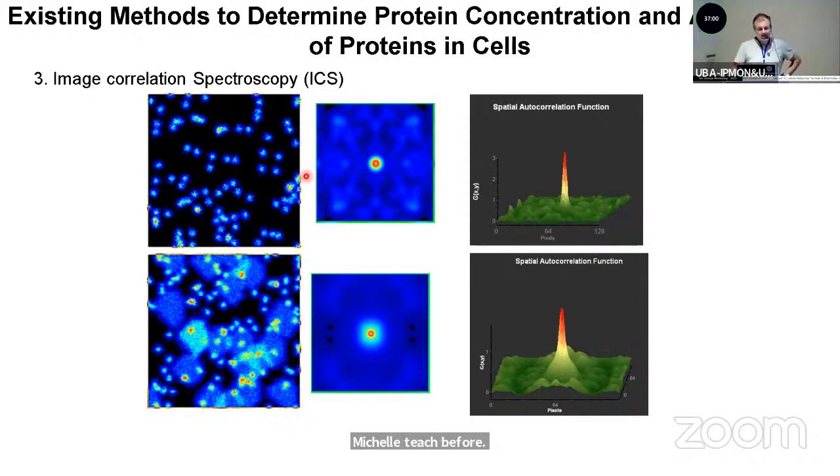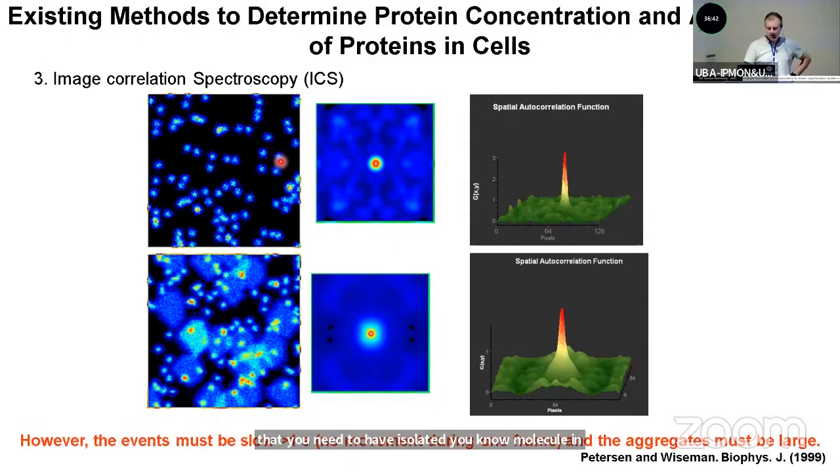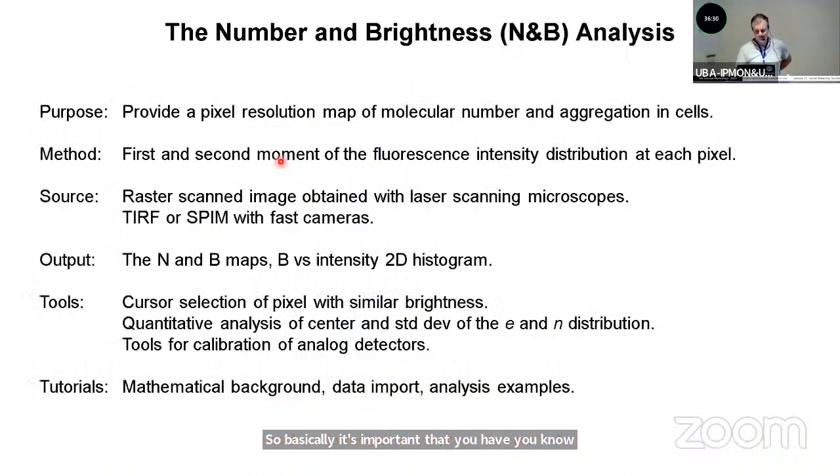But again, you have some constraints. If you have too many molecules in the field of view, you cannot do this spatial correlation, because you need isolated molecules in order to correlate them in space. And if these molecules are moving too fast, you cannot do it either. So it's important that you have molecules with a certain amount of movement.